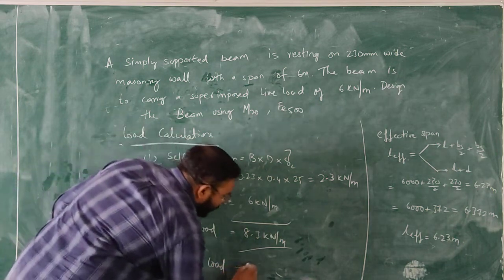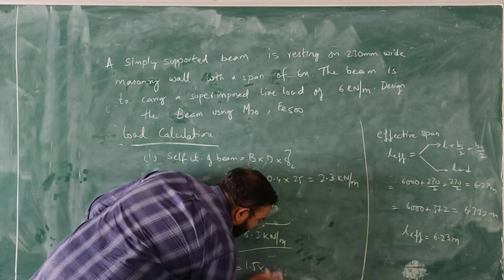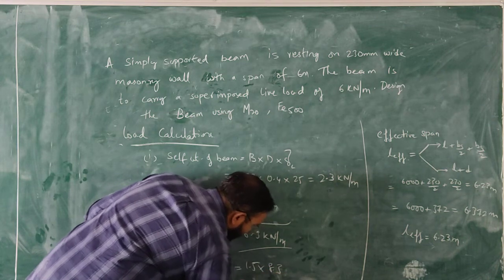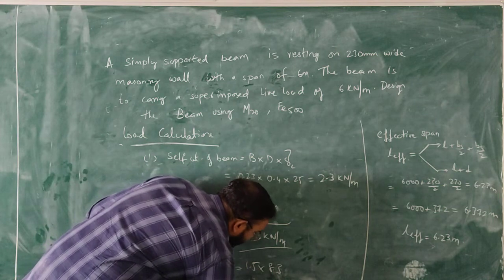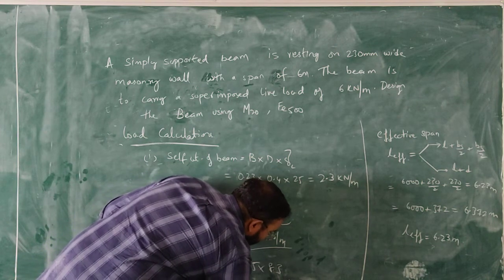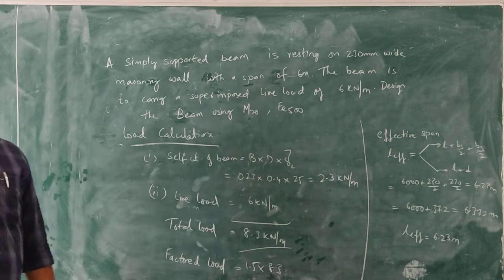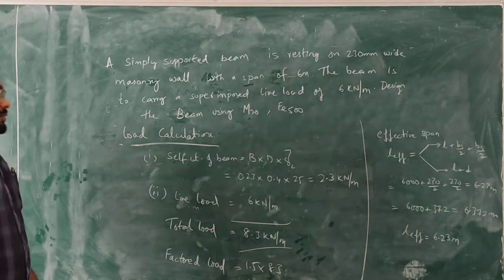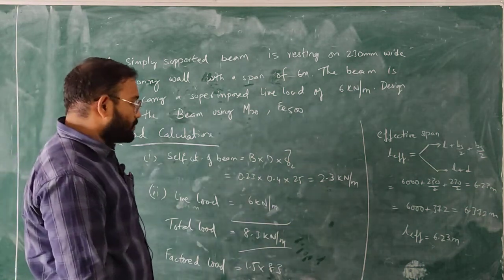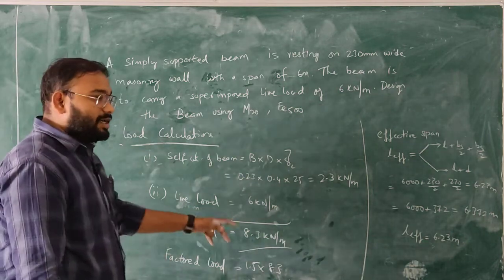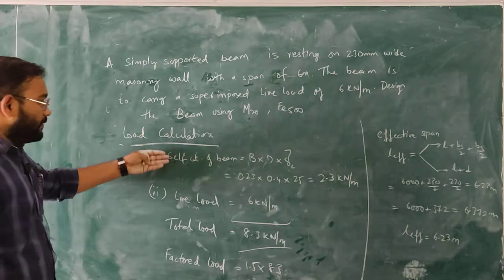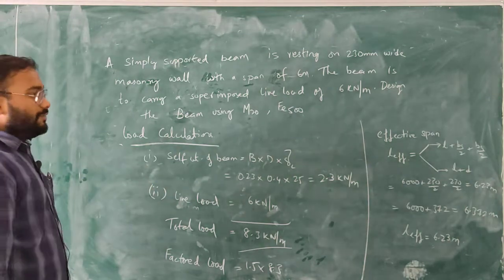Factored load is 1.5 times of 8.3, which is equal to 12.45 kilonewton per meter. Correct? Yes. 12.45 kilonewton per meter is a total factored load, which is inclusive of self weight and live load.